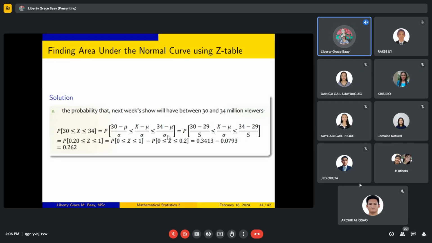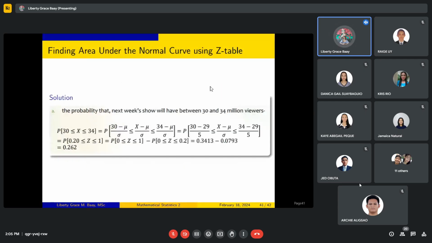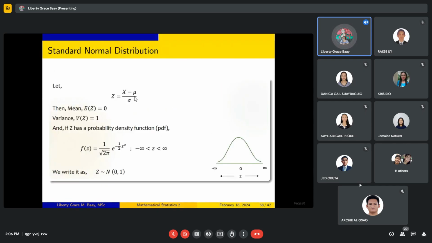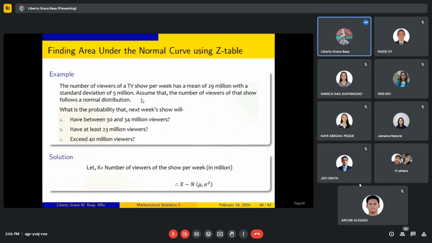So the probability, 30 minus 29, since 29 is our mean, over 5, our standard deviation. So we substitute. This in the middle is just equal to z. So z is equal to x minus mu divided by the standard deviation, or sigma.